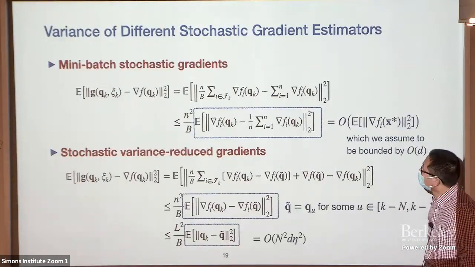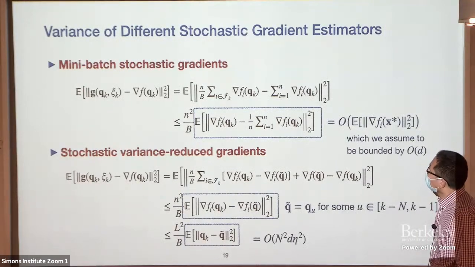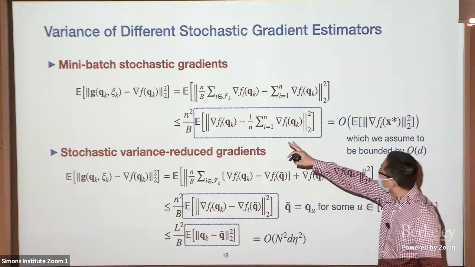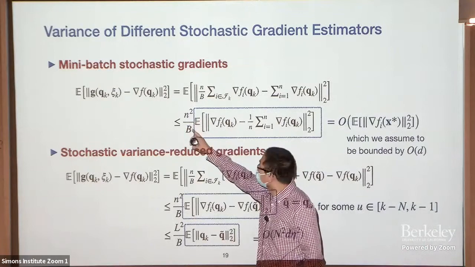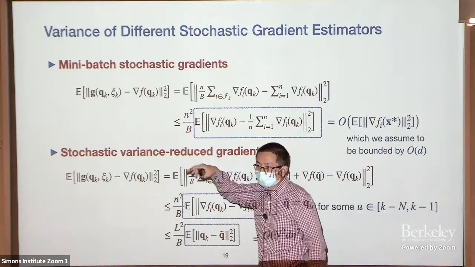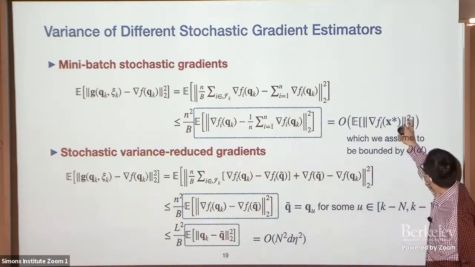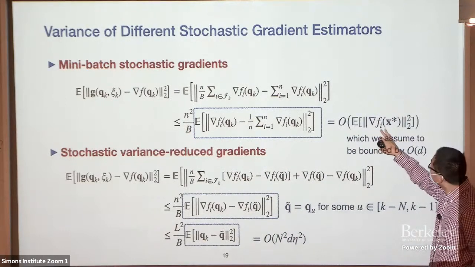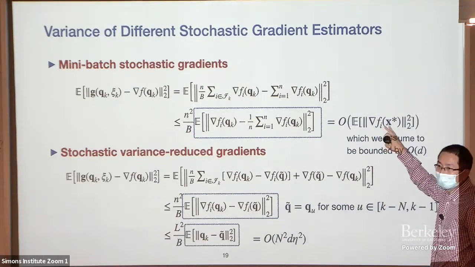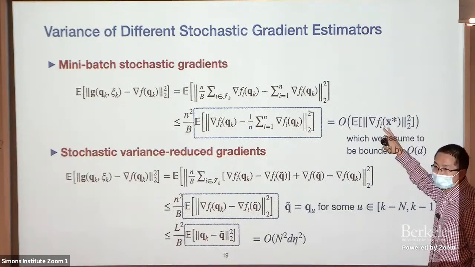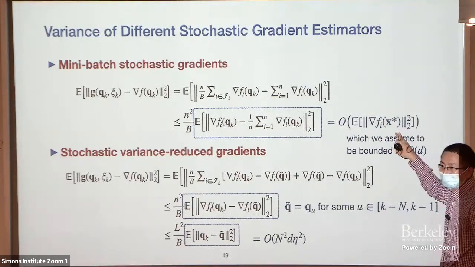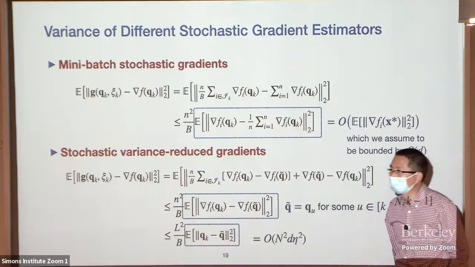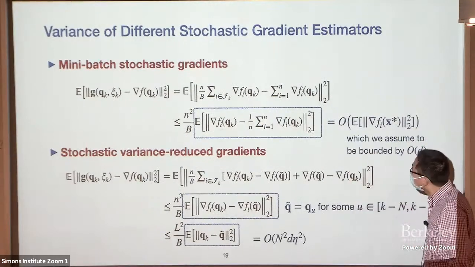And based on the assumptions I laid out before, we can show that the variance of a mini batch stochastic gradient is bounded by N squared over B, where N is the number of observations and B is the mini batch size, times some quantity, which is the expectation of the gradient of each individual function at x star. x star is the global minimum of the negative log density function.